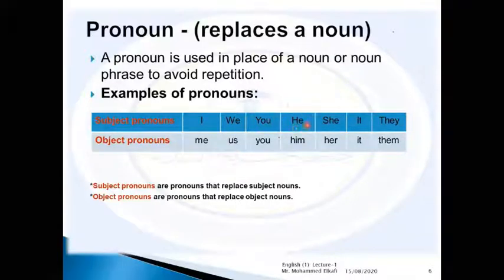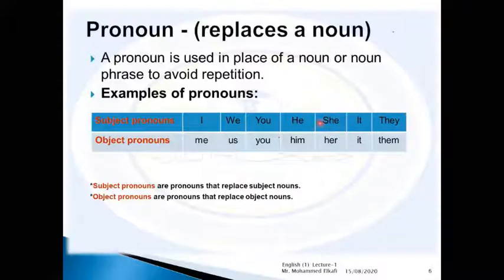He. For a boy or a man, you can use he. If you talk about Ali, Umar, Hassan, a man, a boy, you can use he. Instead of saying Muna or Sarah or Saida, you can use what?